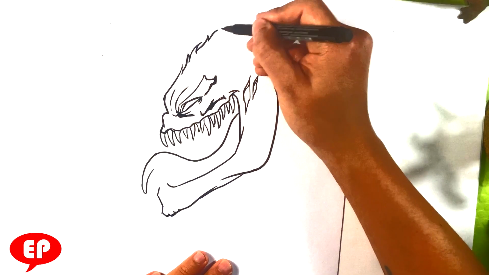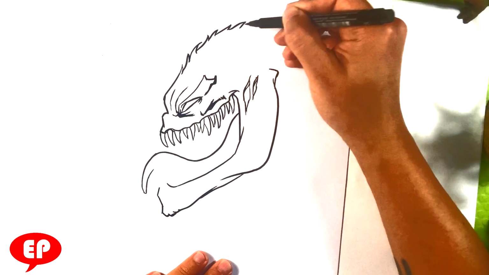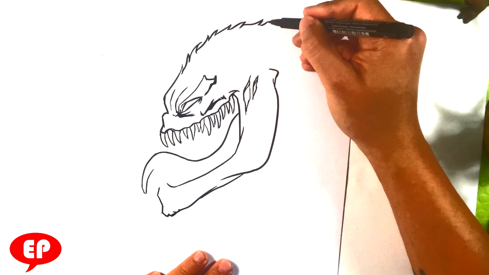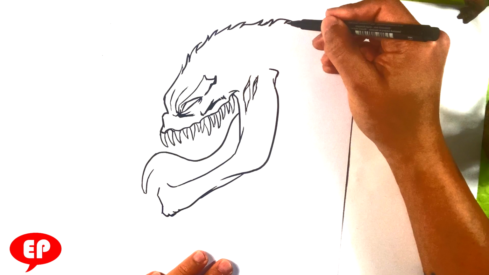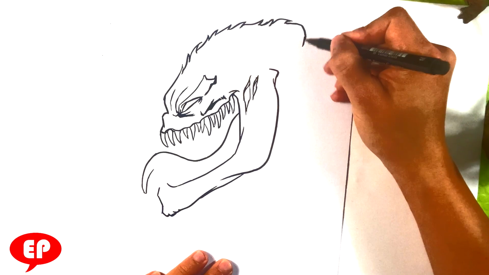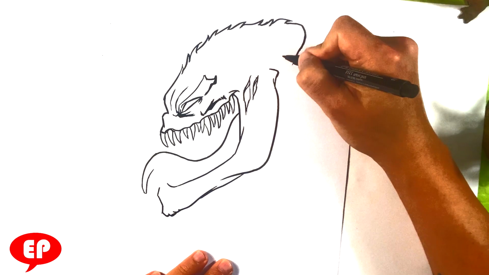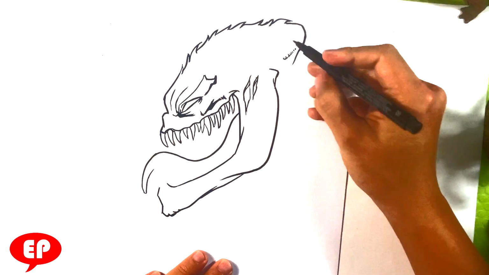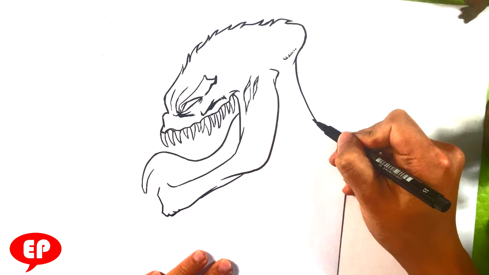Going over here, spikes on the forehead. Wisping them in a little bit, not thinking too hard about it. And he's got a really tiny skull here in the back. Lines in here. And his neck is huge.